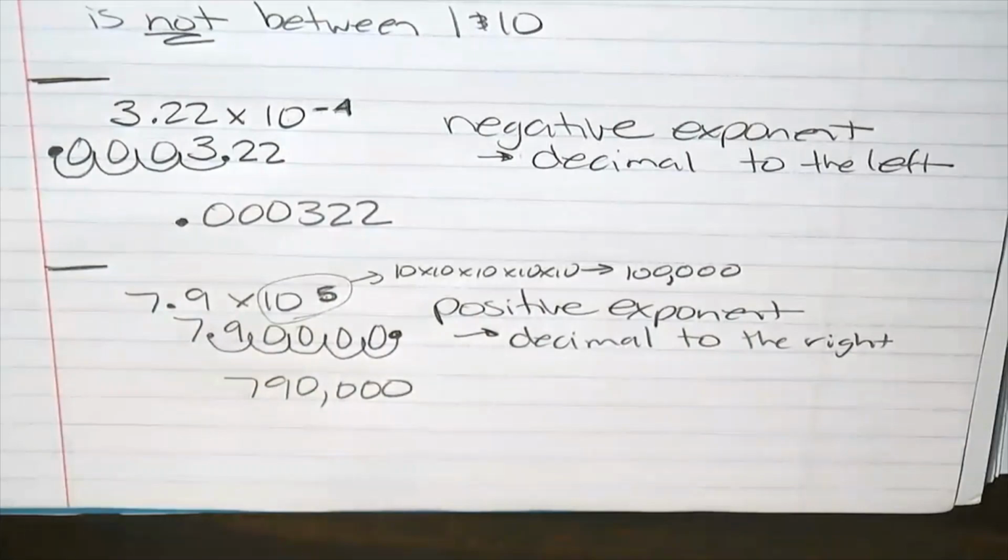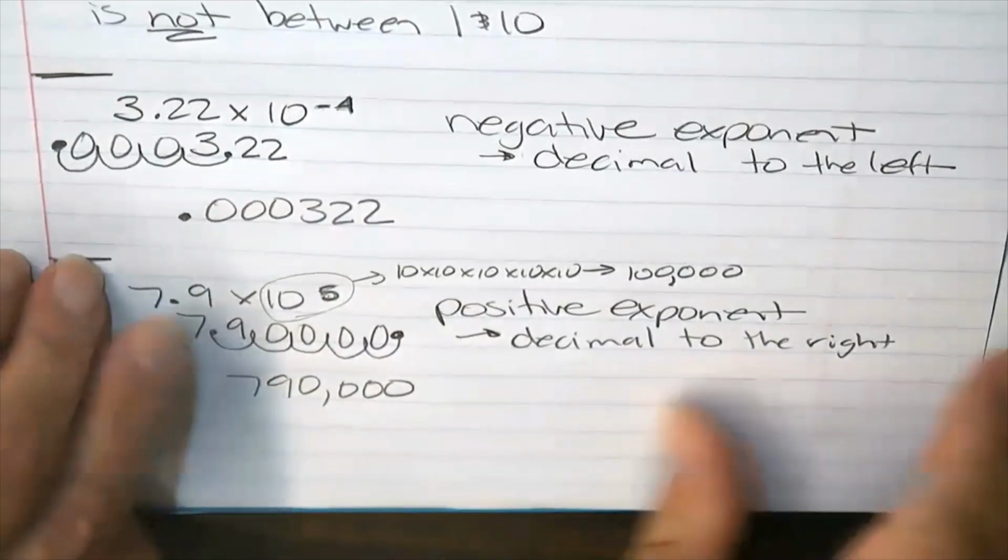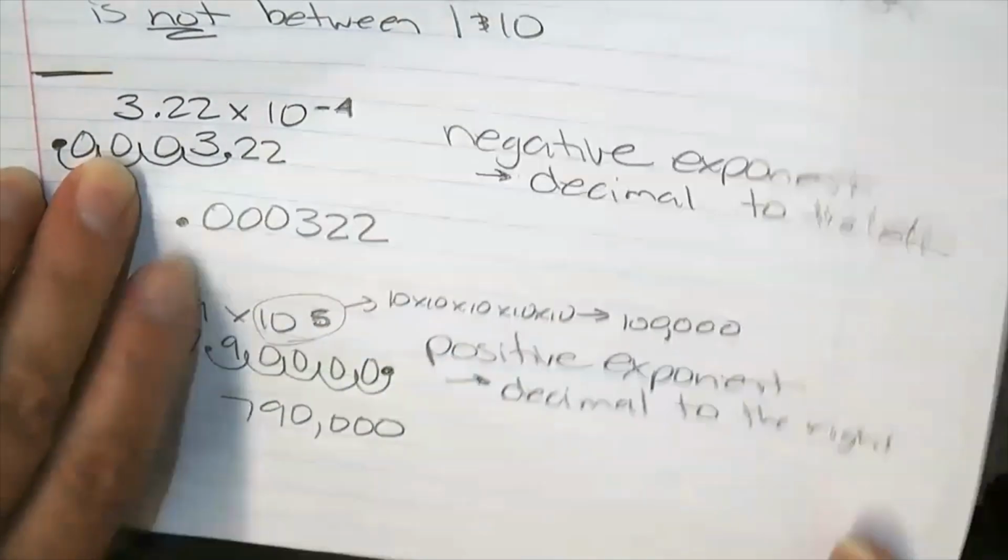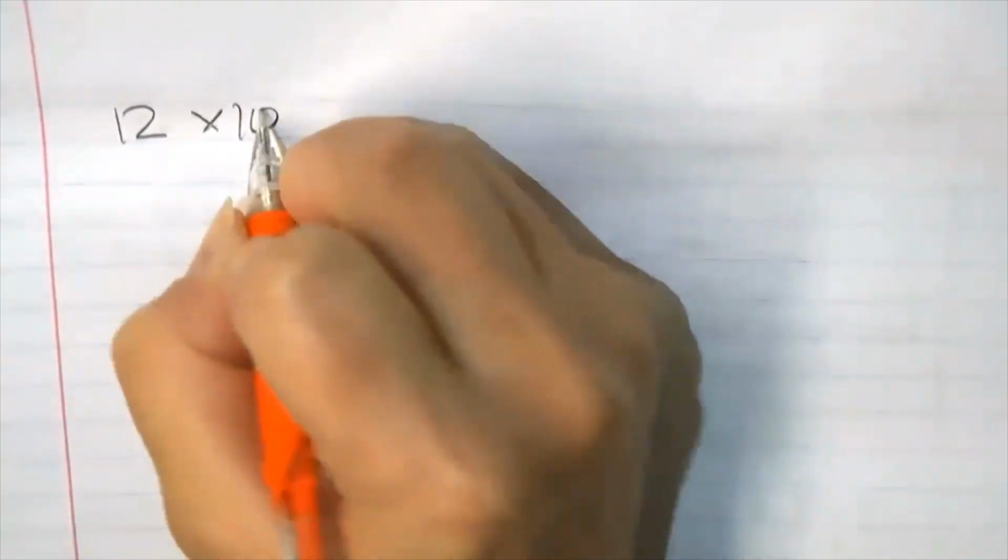Okay, let's do a couple more examples. We've got 12 times 10 to the 4th power. The first thing we have to do is ask ourselves, is this written in scientific notation?